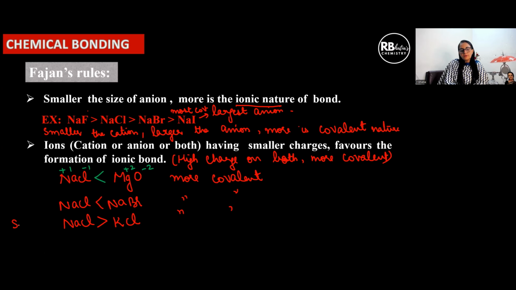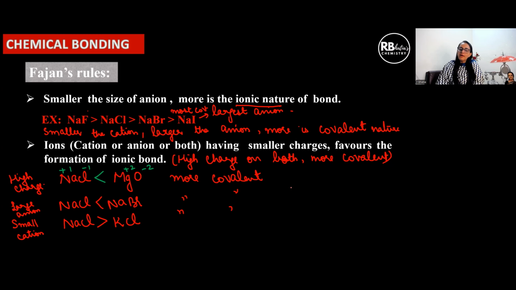So here the point is small cation, sodium ion, more covalent. Here large anion, bromide ion, is more covalent. And here high charge on both cation and anion is more covalent character.